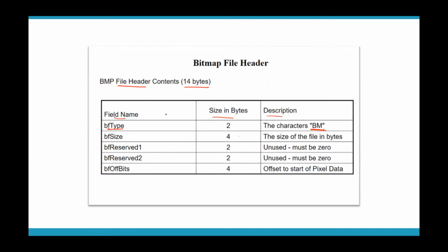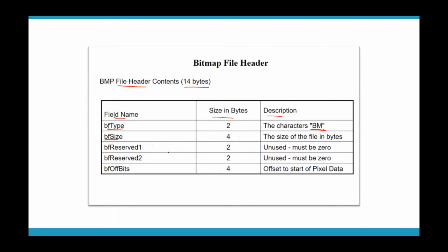What is contained in the BF size field is the size of your image, how much is the size of your bitmap file in bytes. Then you have two fields, BF reserve 1 and BF reserve 2, which are reserved bits normally set to 0.